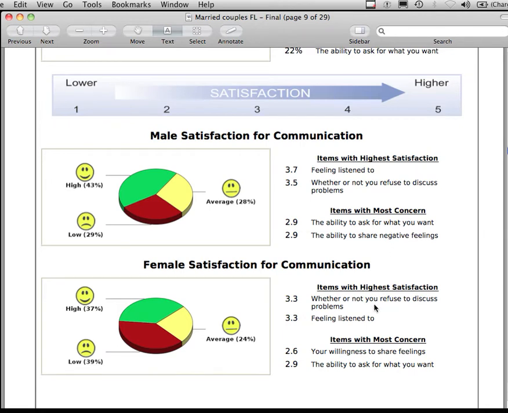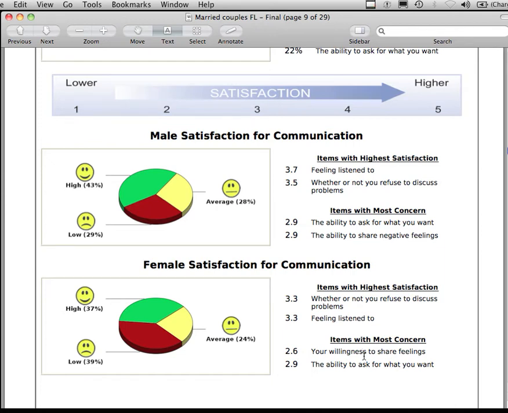The women felt, again, 3.3 is not a very high score here. Relatively speaking, their highest item of satisfaction was saying they don't refuse to discuss problems. They don't go out of their way to avoid issues. So they do try and discuss things.